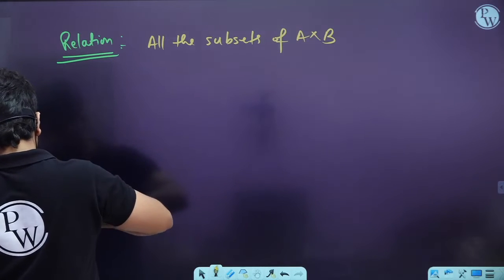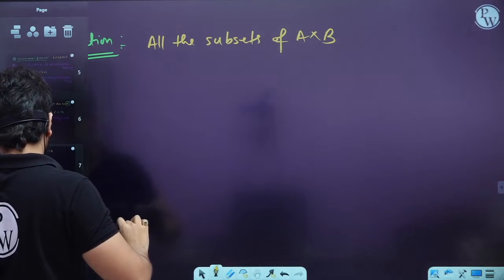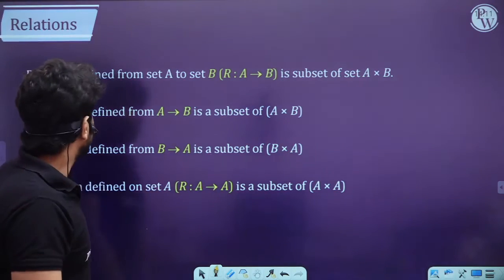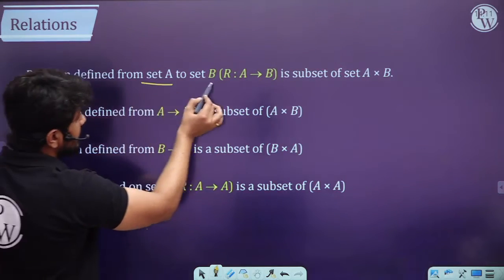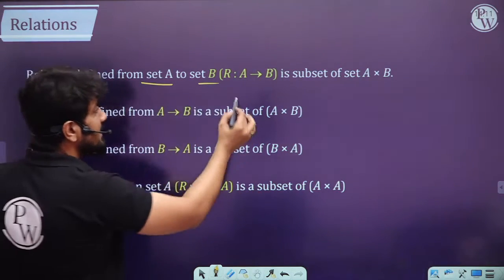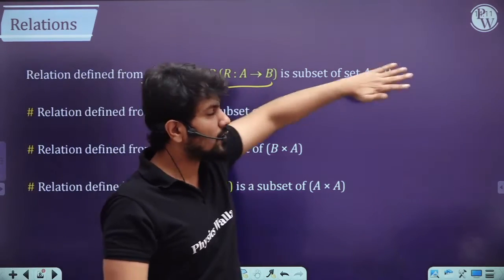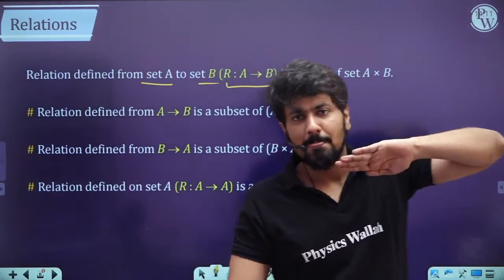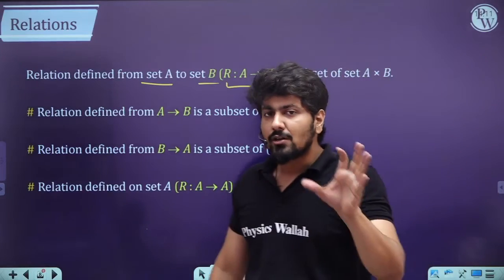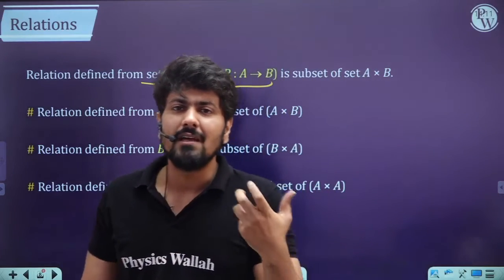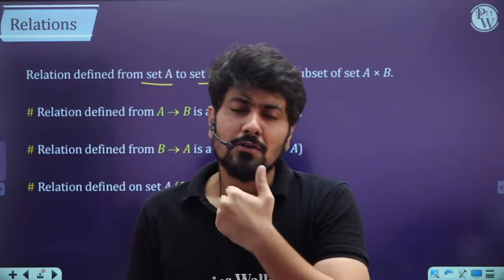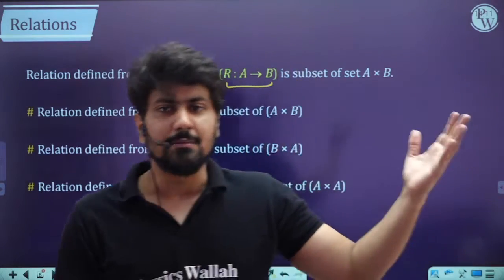Let me directly show you the slide where we have the definition of relation. See here. A relation defined from set A to set B, which we represent like this, is a subset of the set A cross B. All the subsets of set A cross B will define a relation from set A to set B.